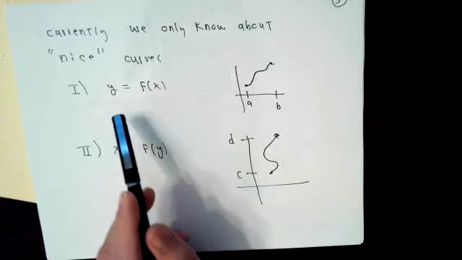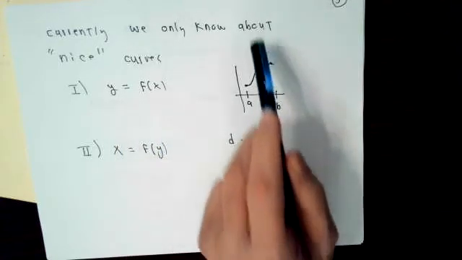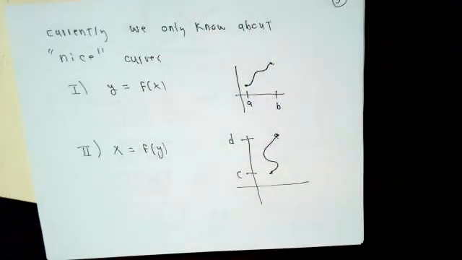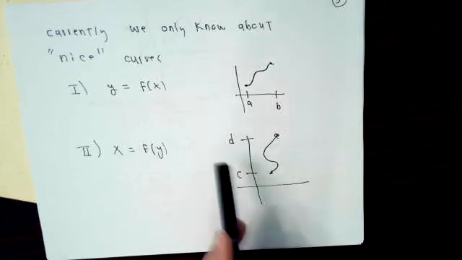That is, y equals f of x, meaning if you give me an x, there's only one y to go with it. Or I could regard y as the independent variable and x as the dependent variable. I could have some function that tells me the x coordinate in terms of the y coordinate. For each y, there'll be one x to go with it.